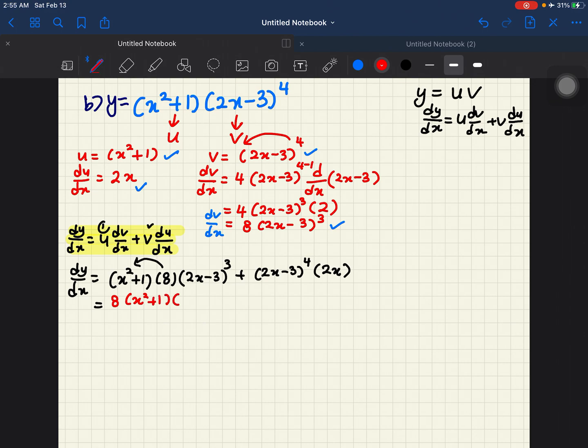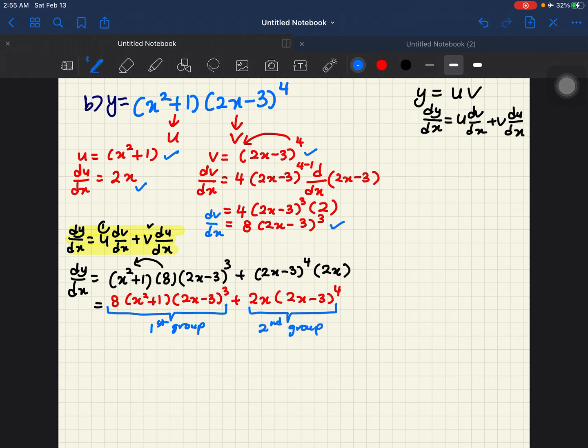8 times (x squared plus 1) in bracket, (2x minus 3) to the power of 3, plus 2x will be in front, (2x minus 3) to the power of 4. Now, from the first question that you did just now with me, we say that this is the first group, and this will be the second group.